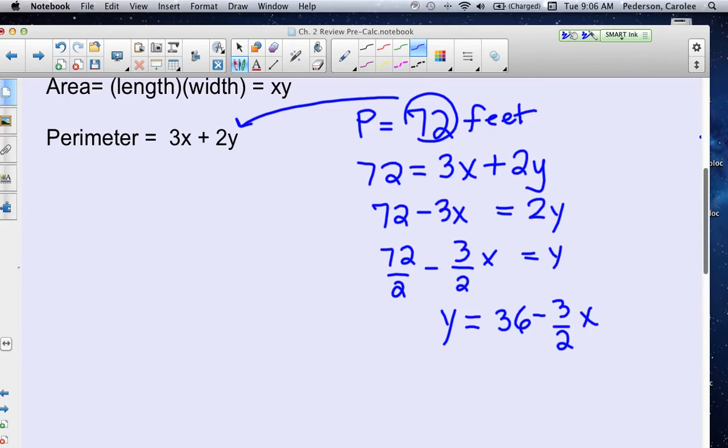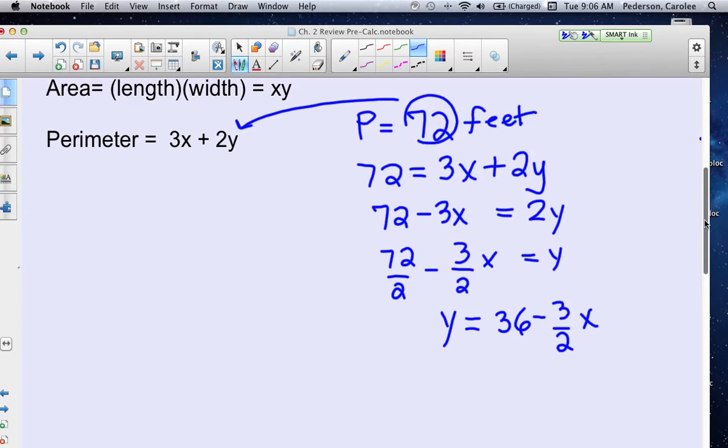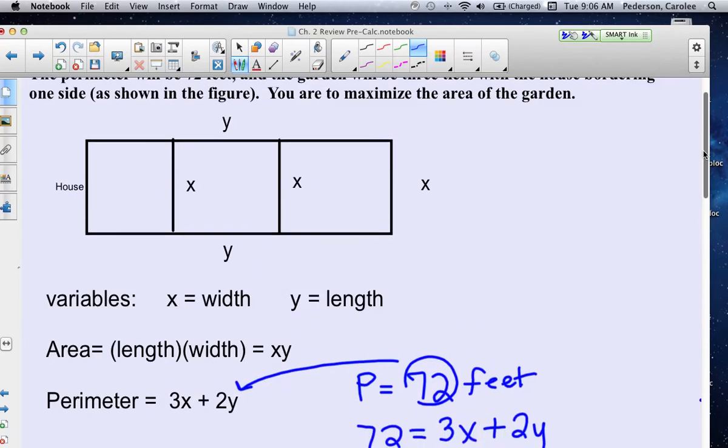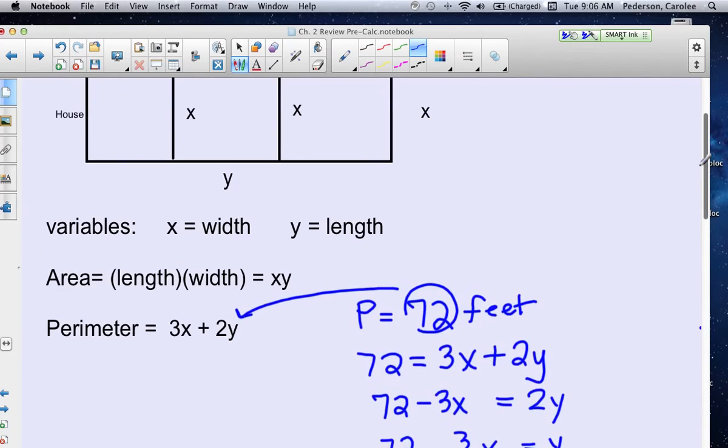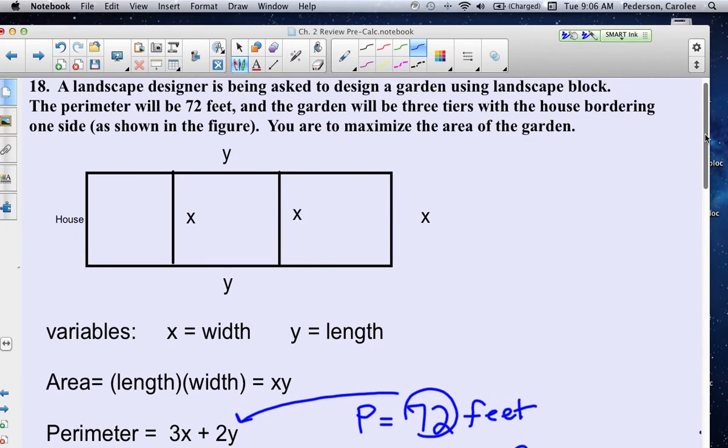So then I can go back up into the picture and identify everything in the same variable. So up here, this would be, what was that, 36 minus 3/2 x? And then 36 minus 3/2 x. Okay.